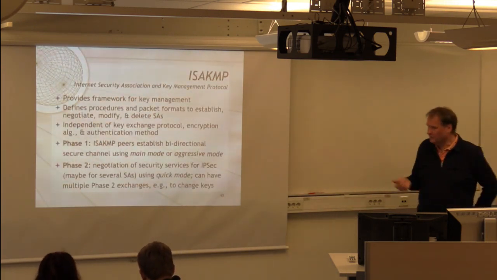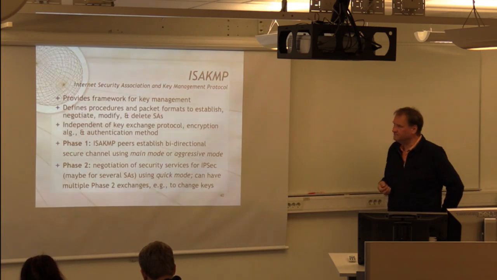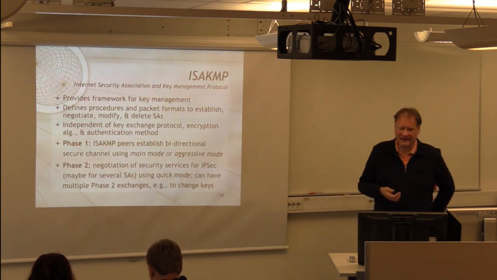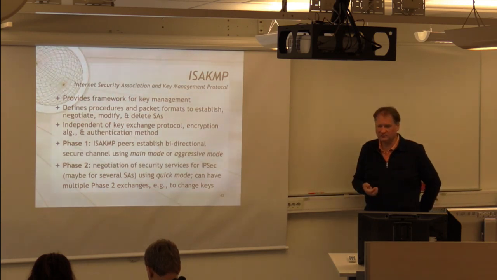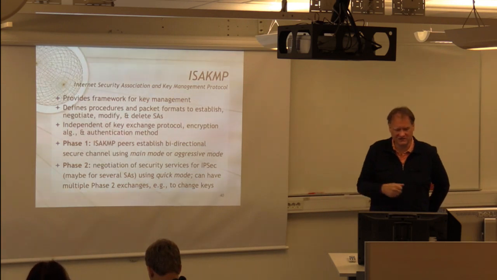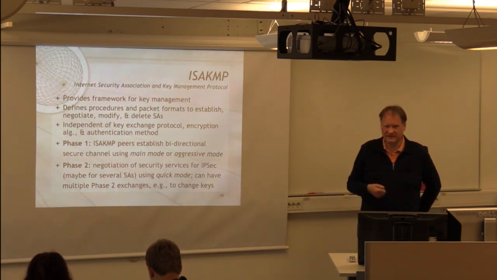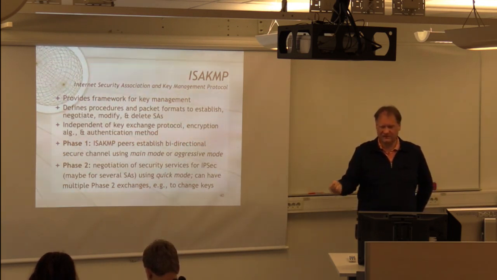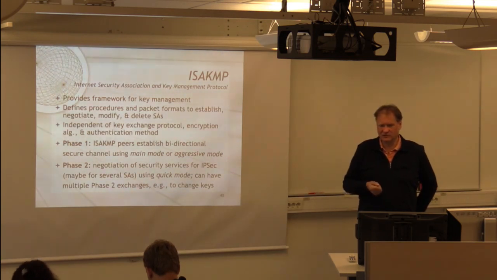And then the second part of IKE, ISAKMP, that's the Internet Security Association and Key Management Protocol. This protocol is here to help us manage these security associations that we need to create on the fly. So this is the protocol that is negotiated between the different nodes whenever policy says that, yes, we need to create a security association.